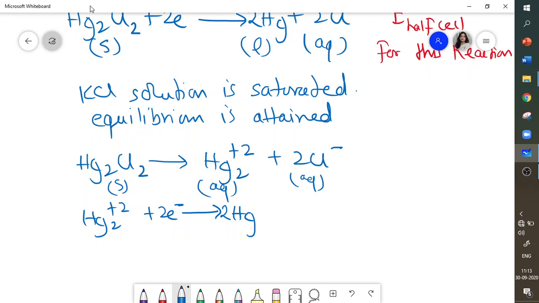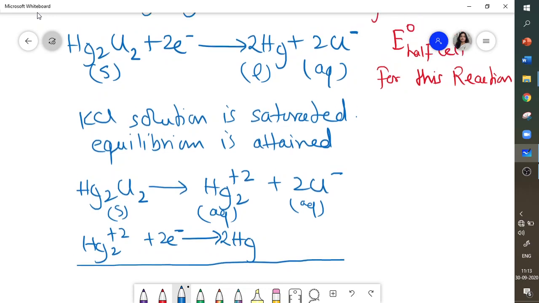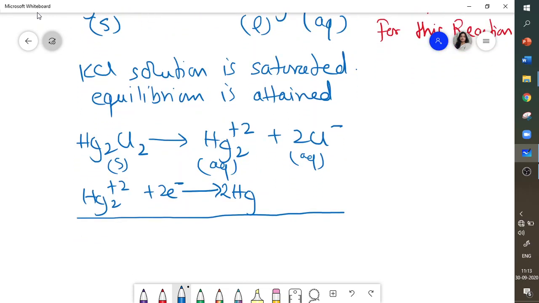So there are 2, so we will write here 2 Hg. That's it. Now these are the two equations which result in the reduction. So in reduction, you see above, Hg2Cl2 plus 2 electrons gives 2 Hg plus 2 Cl. Now when we add these two equations, the Hg2 plus 2 ion cancels out with the Hg2 plus 2 ion.